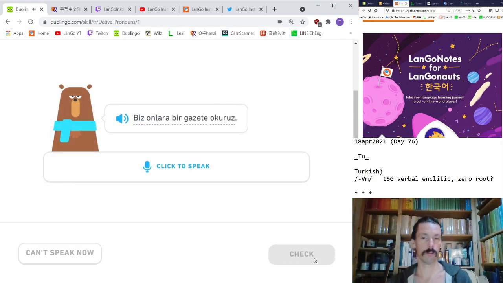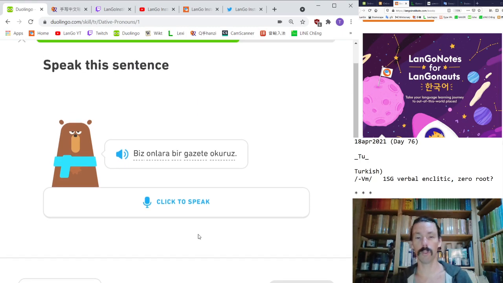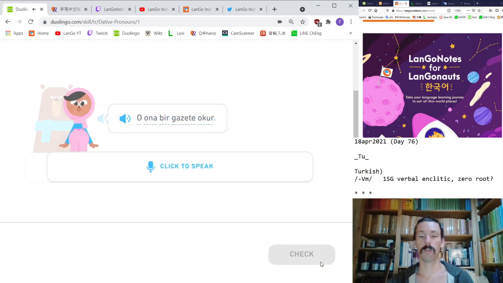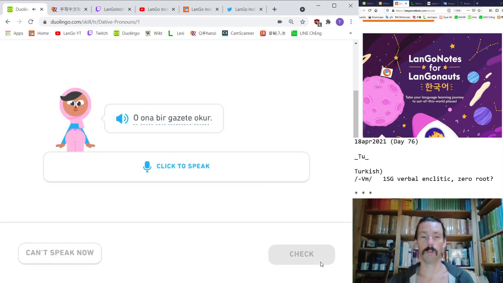Biz onlara bir gazete okuruz. Biz, we, to them, one newspaper, gazete, not accusative marked. Okuruz, we read it. O ona bir gazete okur. This final r clearly devoices there. It's sort of a whistling s-like sound.